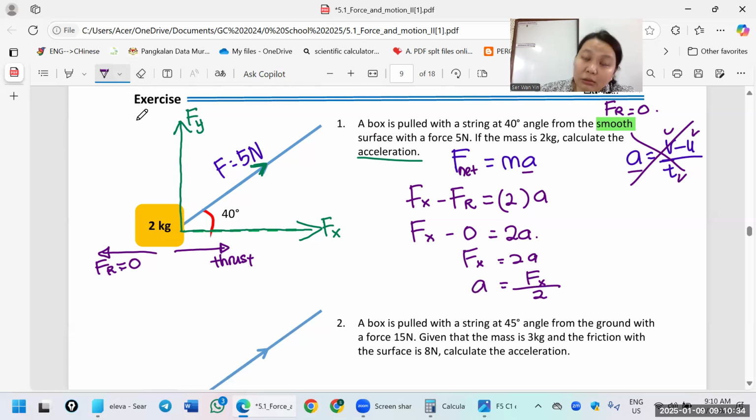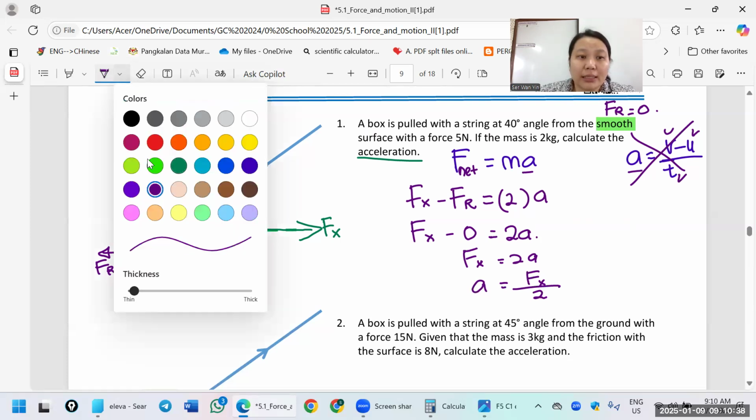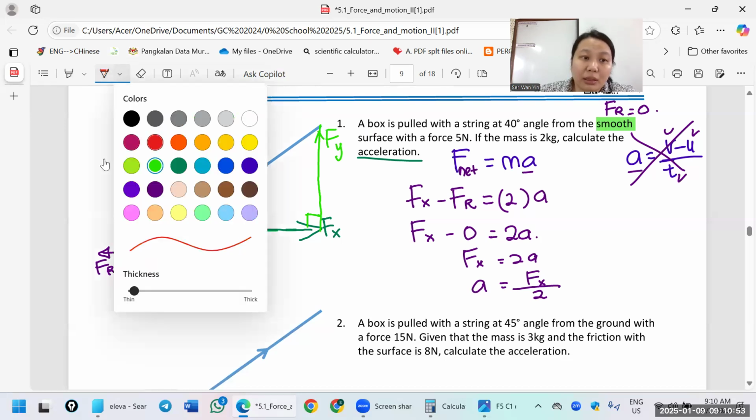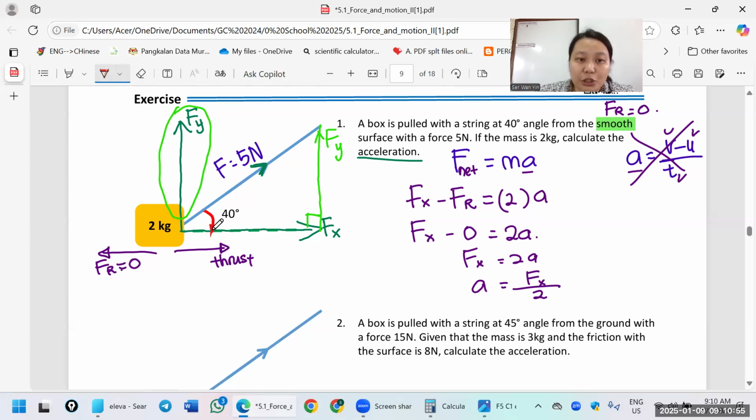Now, how to get Fx? We move this Fy to here so that we can form a right angle triangle. We want Fx, and always remember when the angle touches Fx, we will use cos.